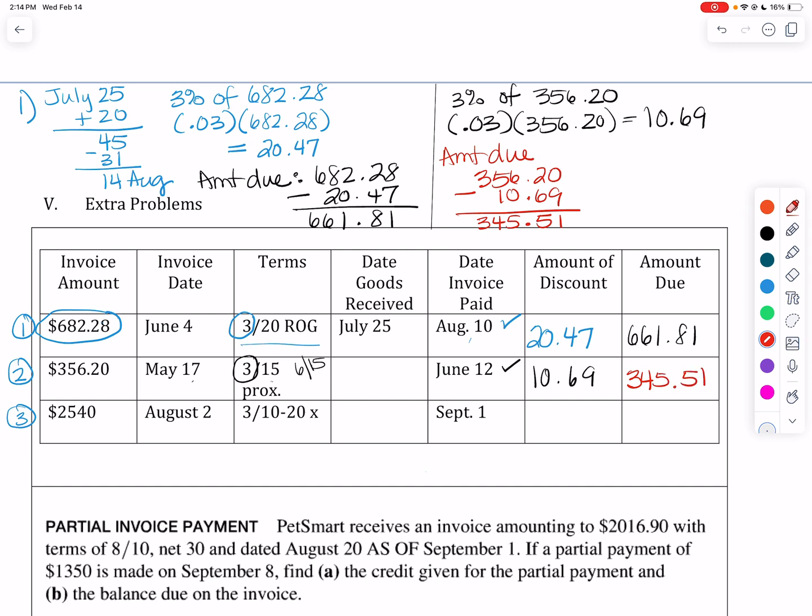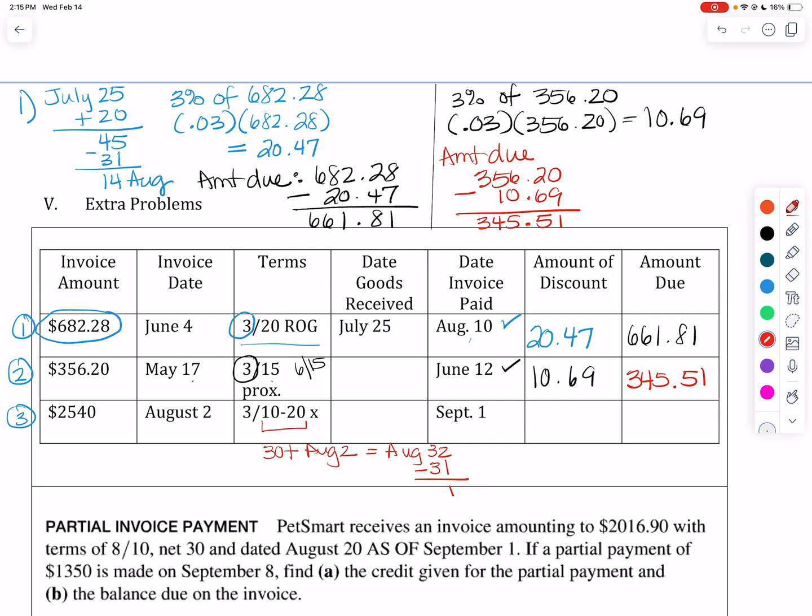All right. Last but not least, this one is an extra. We've got 30 days plus August 2nd, which would make it August 32, but we don't have 32 days. We've only got 31 days in August, so that says we have September 1.